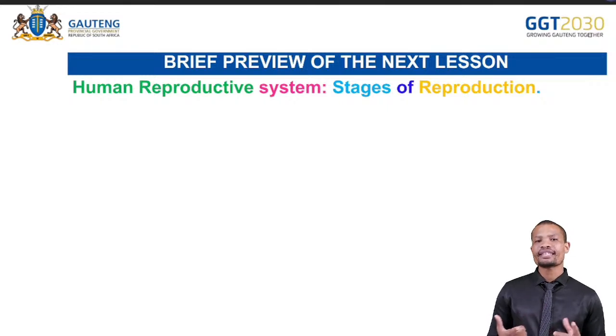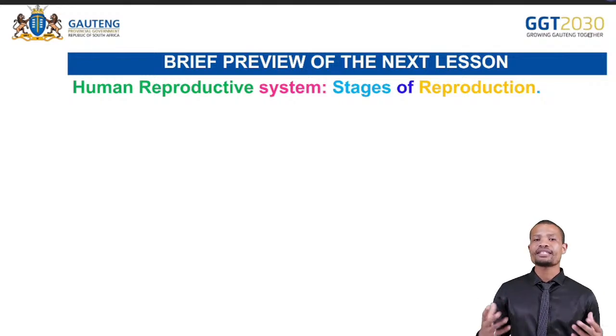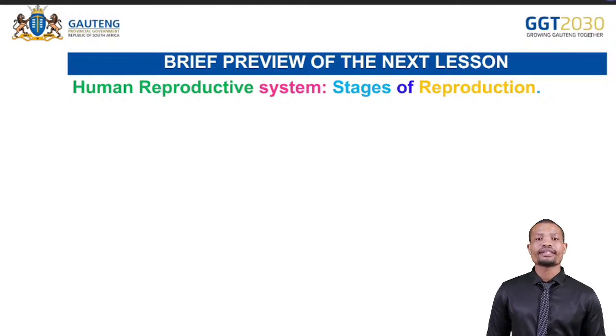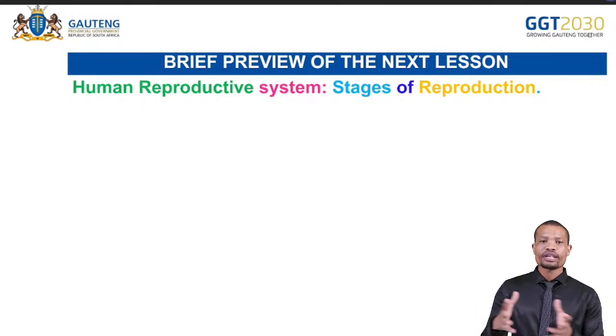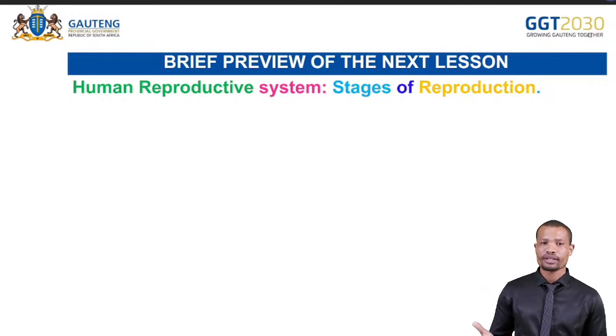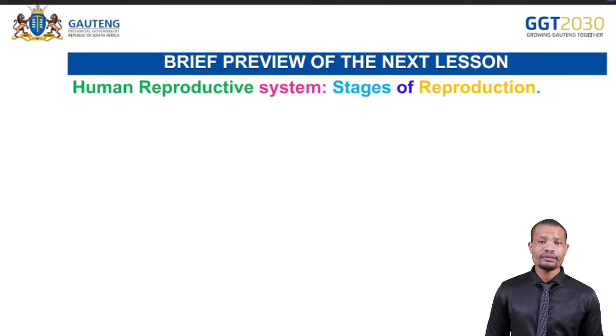We will look at things like the placenta, which provides food for this growing baby inside of the female uterus. And we will look at the final stage, where we look at pregnancy, and then when the baby is being born. So it's going to be a very interesting lesson.